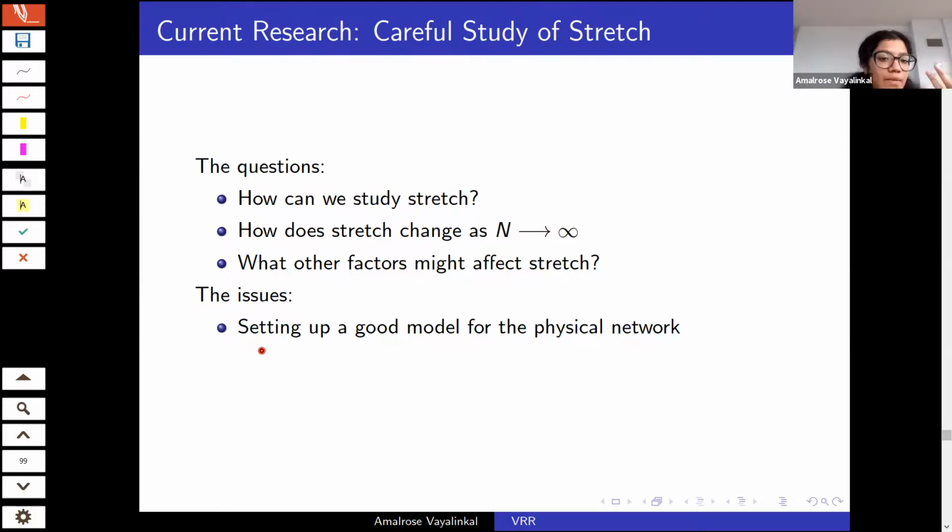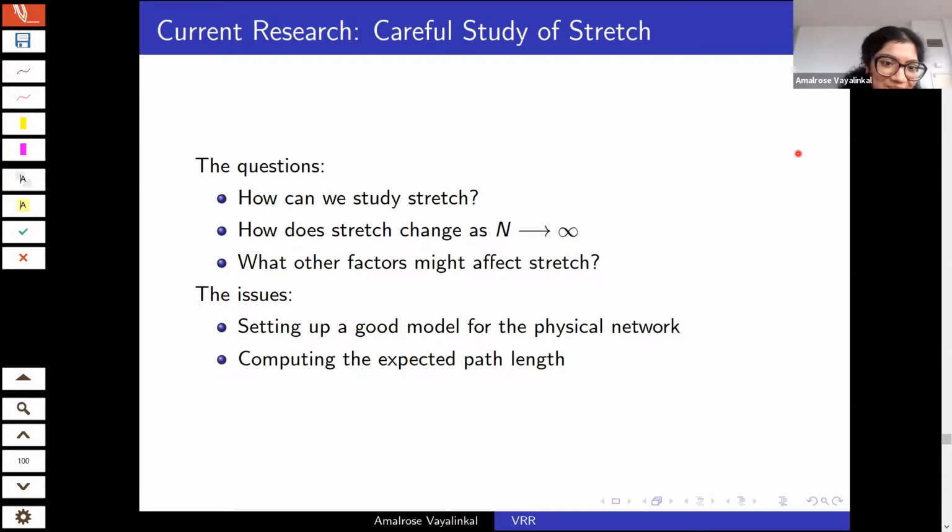So this is the problem with the grid. The grid has a good amount of connectivity, but for a squared path, how can I decide what the shortest path is? I could go right and up, or I could go up and to the right. We want it to be well-defined so that our computations make sense, right? We want a well-defined numerator and denominator in the computation of stretch.